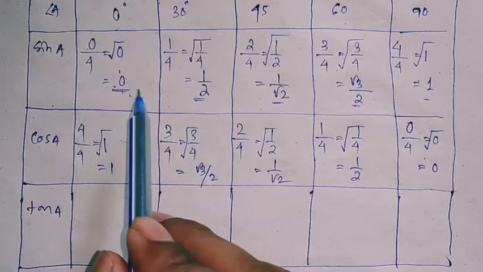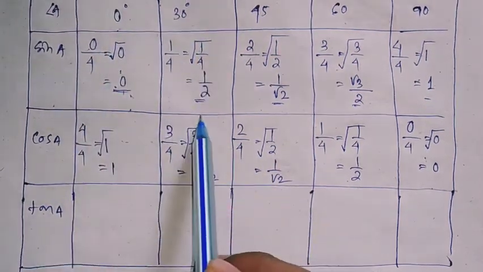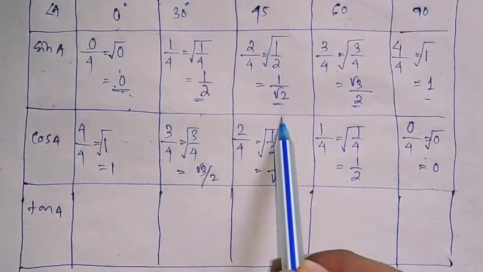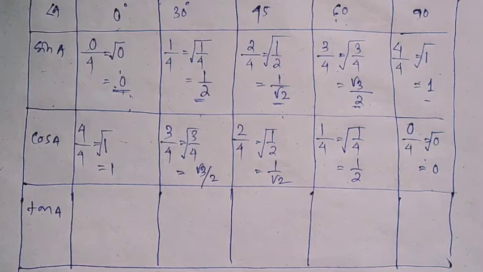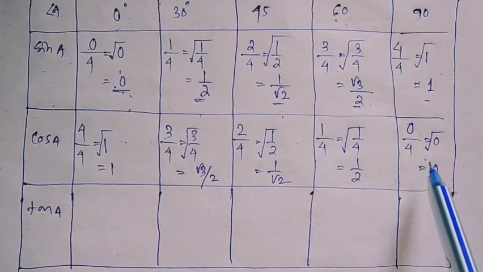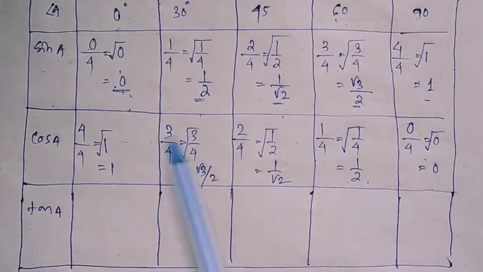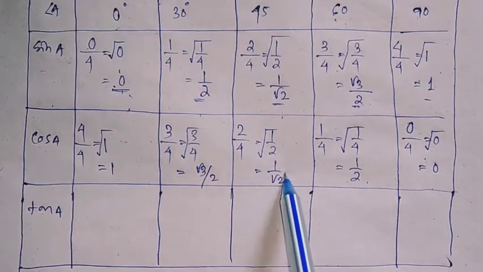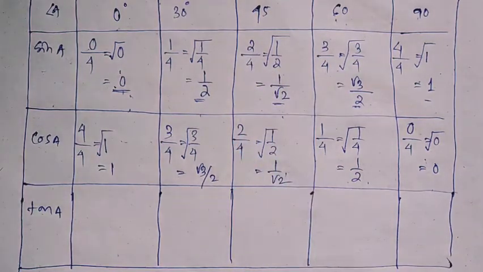Sine 0 is equal to 0, sine 30 is equal to 1 by 2, sine 45 is equal to 1 by root 2, sine 60 is equal to root 3 by 2 and sine 90 is equal to 1. Here cos 90 is equal to 0, cos 60 is equal to 1 by 2, cos 45 is equal to 1 by root 2. The values of sine 45 and cos 45 are always the same.